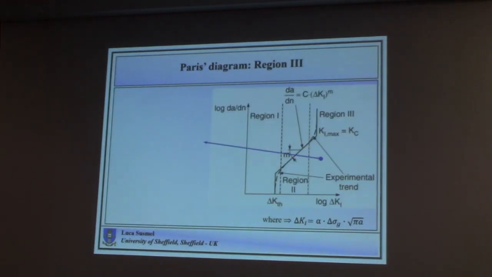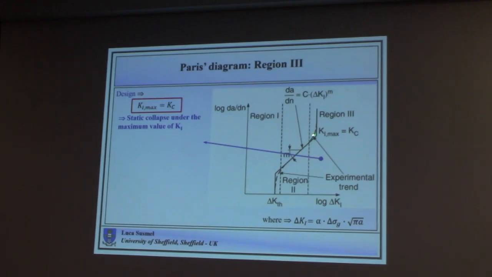And finally, we can move to the third region, where clearly this region doesn't exist. Why is that? Because as the crack increases, the crack growth rate increases and delta K increases. So if we start from here and we keep propagating the crack in the Paris region, we move along this line vertically.